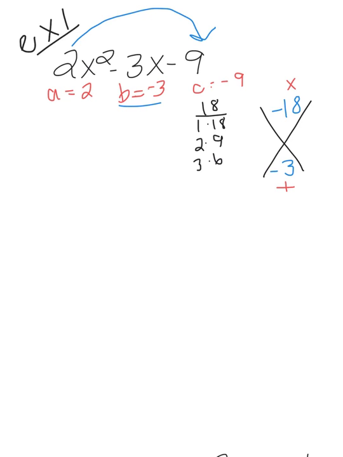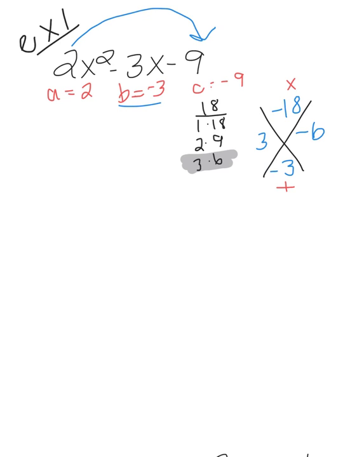My only ones that would add or subtract to -3 would be the 3 and the 6. So I know I'm going to use 3 and 6, and one of them has to be negative. The only way I'm going to get a -3 out is if my 6 is negative.